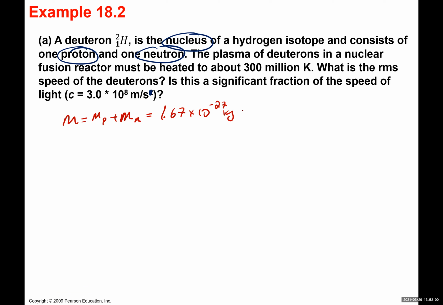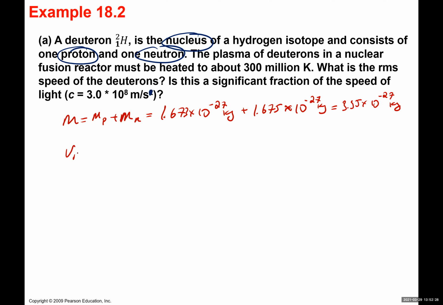Again, those are available in tables. Plus the mass of the neutron is very identical to the proton, but slightly heavier. So this is 1.675 times 10 to the negative 27 kilograms. Combined together, the mass of this nucleus is 3.35 times 10 to the negative 27 kilograms. So we got the mass.